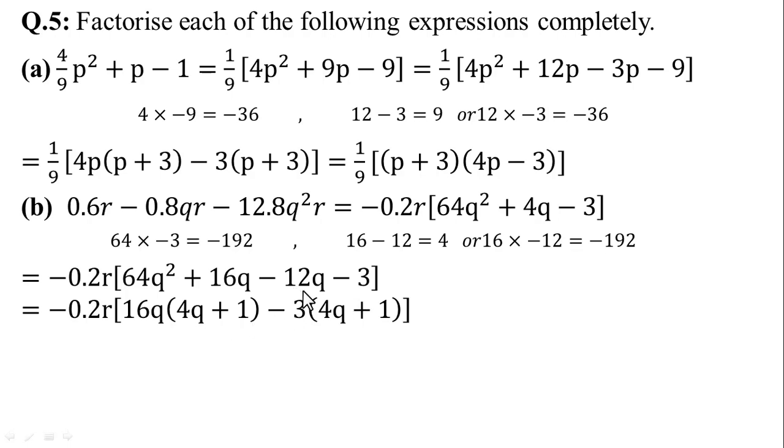Similarly, in the last two terms, minus 3 is common, so 3 fours are 12, q, and 1, so minus 3 into (4q plus 1). And 4q plus 1 is common in both terms. Now minus 0.2r into (4q plus 1) into (16q minus 3) is the final answer of B part.